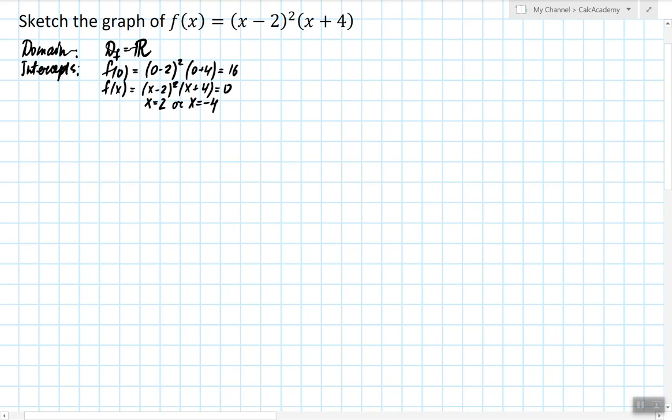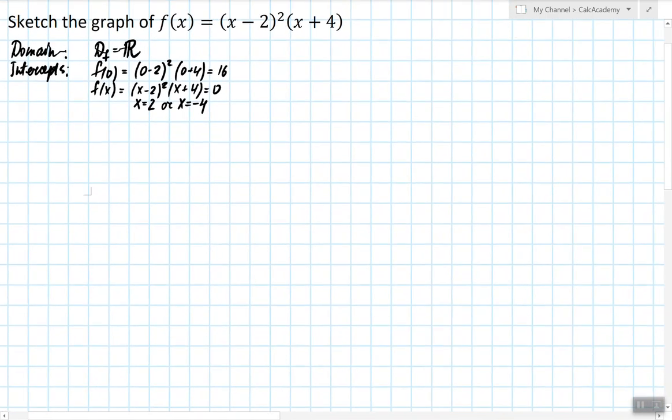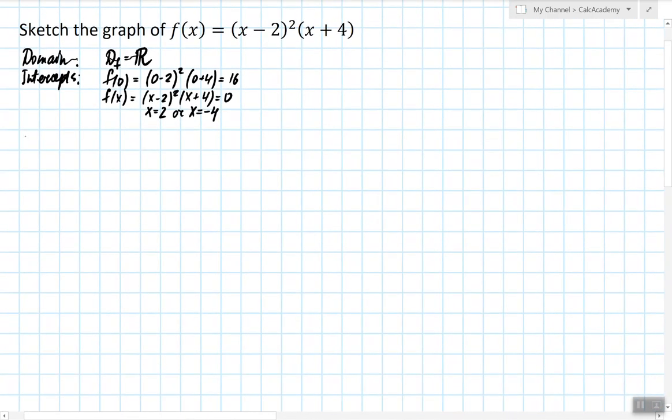Next, for polynomials, we probably want to figure out the end behavior. And to find the end behavior of a polynomial, we basically have to find the limit of the polynomial as x goes to infinity and as x goes to -infinity.